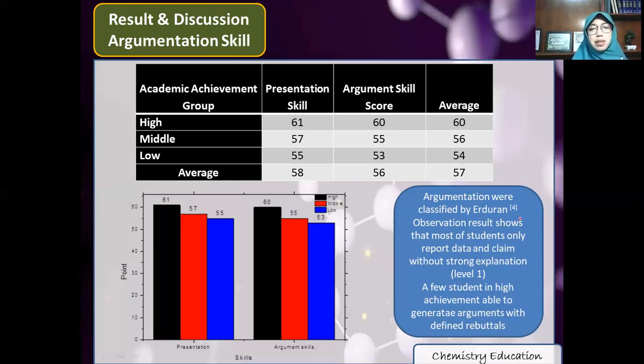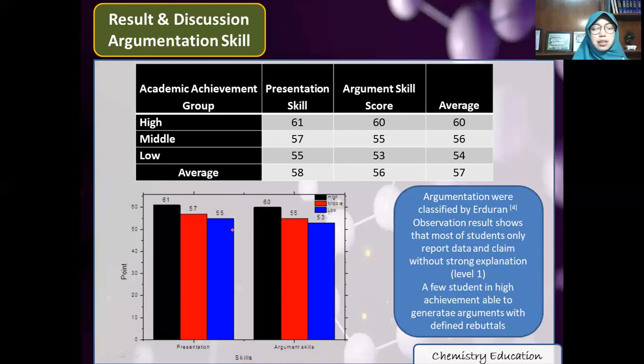Arguments were classified by Erduran. Observation results showed that most students only reported data and claims without strong explanation, at level 1, and a few students in high achievement were able to generate arguments with defined rebuttal, which is level 4. We can see in the diagram that high academic achievement students got high scores in presentation skill and also in argumentation skill.